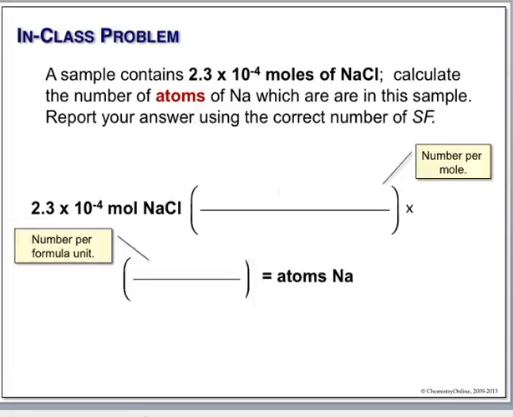All right, number per mole. Our given has units of mole, so we want moles in our denominator here, don't we? We want the number of sodium chlorides in 1 mole of sodium chloride. Remember, we have to use formula unit because it's not a molecule. And that's just Avogadro, 6.02 times 10 to the 23rd per mole.